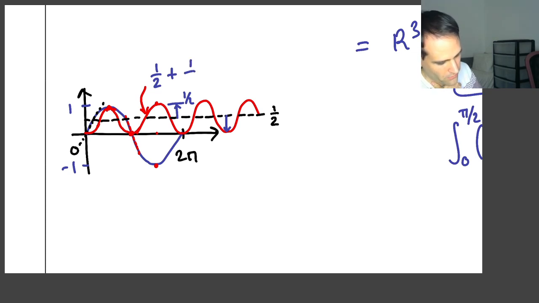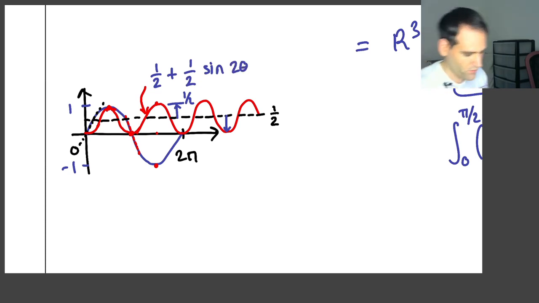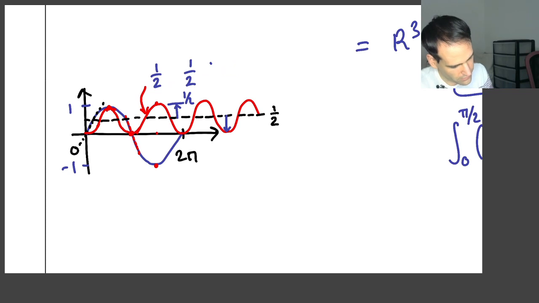The only question is whether it's a sine of 2 theta or a cosine of 2 theta. It starts at 0, so when I substitute theta equals 0, I need to get minus 1. Therefore, this has to be minus 1/2 cosine of 2 theta. So I write this.